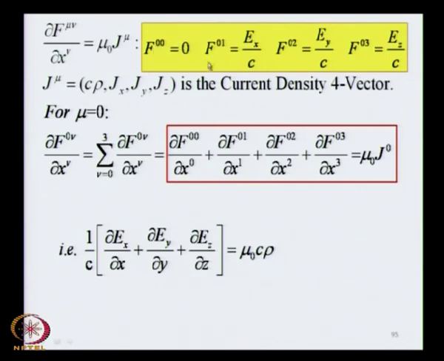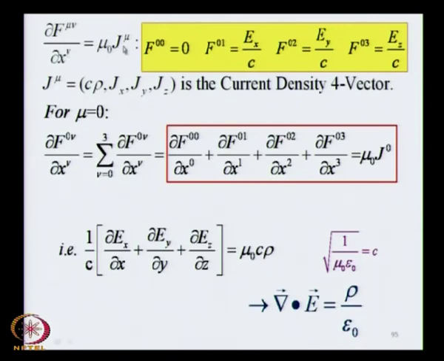So, from the remaining 3 terms you get del Ex by del x, del Ey by del y, del Ez by del z, you have got a 1 over c here, you get mu 0 c times rho on the right hand side, but this c you could move to the right side. So, you will get mu 0 c square, and that is 1 over epsilon 0. So, what you get essentially is that the divergence of E is rho by epsilon 0.